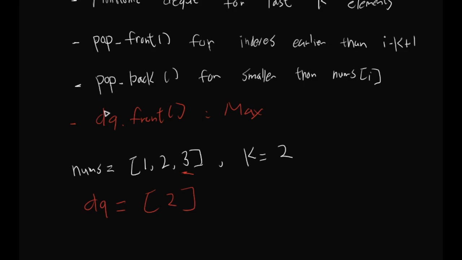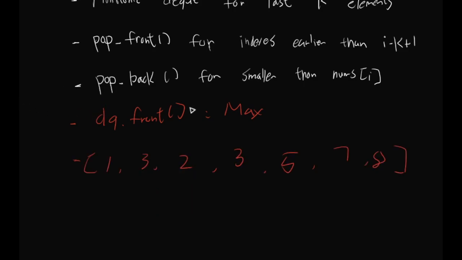Maybe I will give you a little bit more context. While maintaining a deque, we are going through the elements from left to right, and for each element, for example here, we are trying to find all the maximum sums that end with this index. For example, what is the maximum in here? It's going to be 3, 5. So the maximum is 5, and the maximum in this subarray is going to be 5 again.